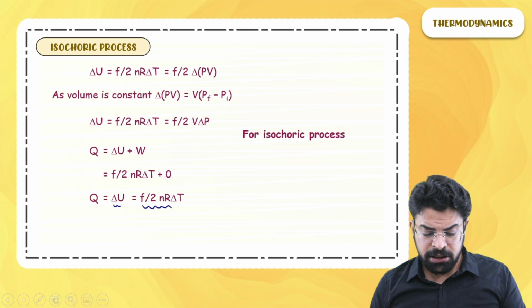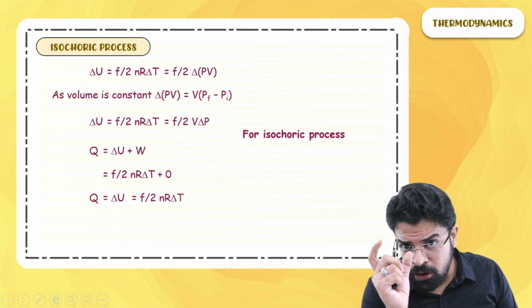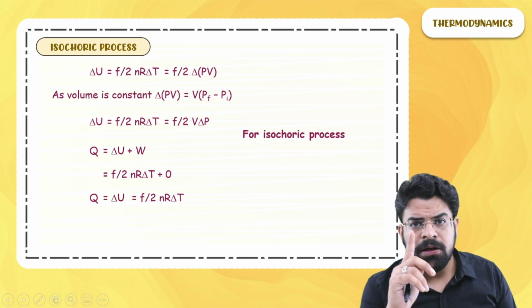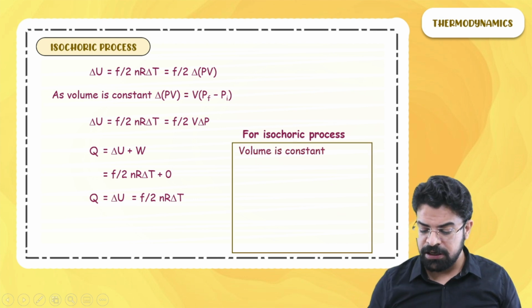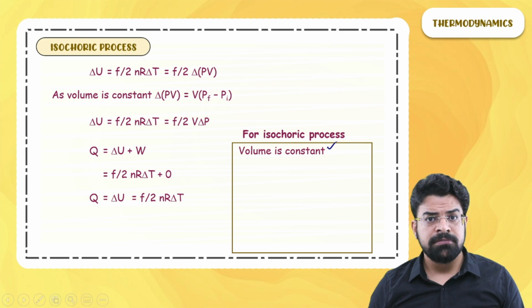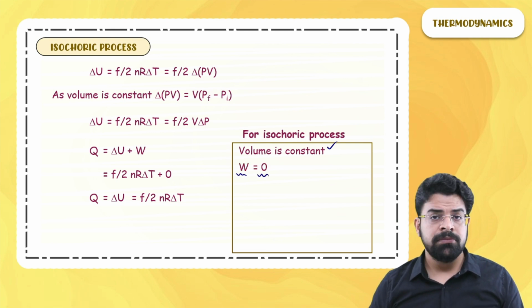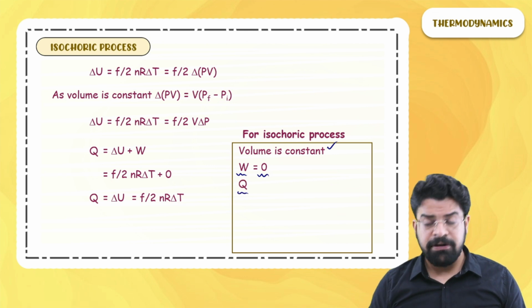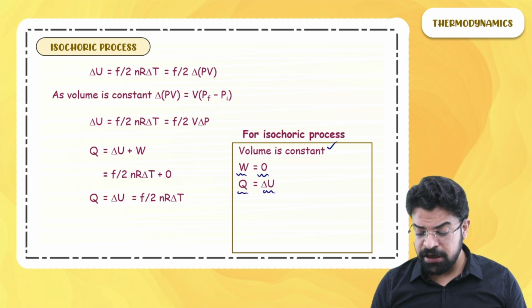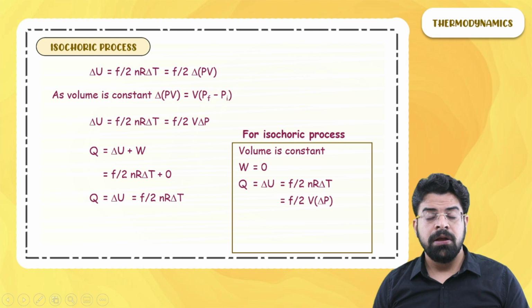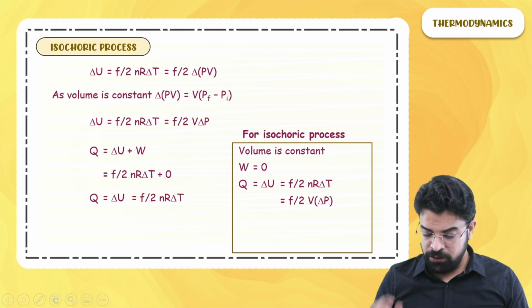So we can now collect all the important points which we have learned about the isochoric process. For an isochoric process, what is the condition? Volume is constant. Then work done by the gas is 0. Next, the heat given equals change in internal energy equals F by 2 nR delta T equals F by 2 V delta P. Moreover, remember this particular statement.